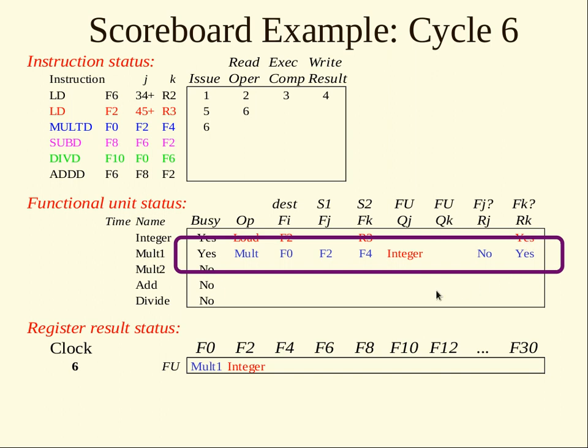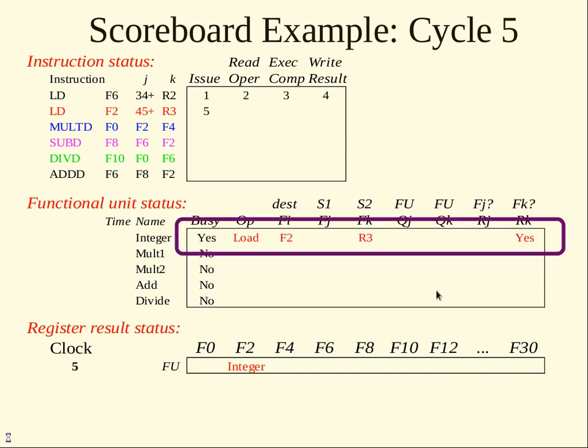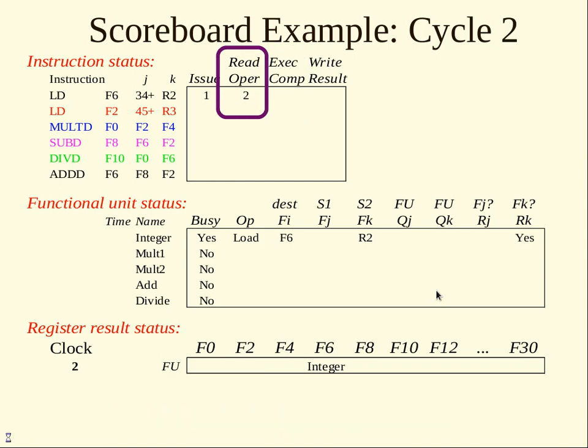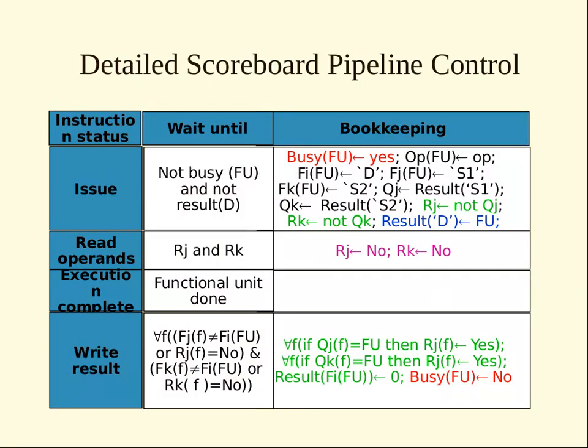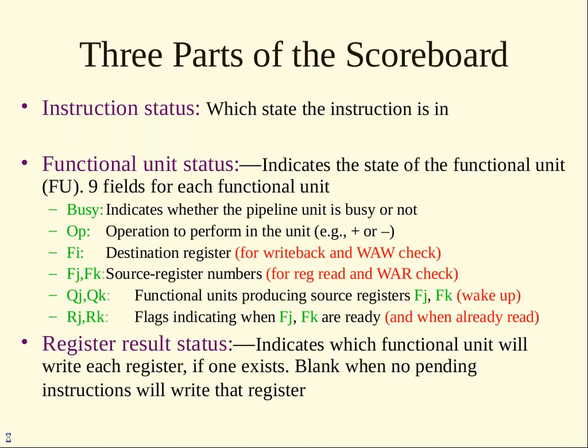Why are we waiting on the integer unit? So FU, wow, that was terrible. Functional unit. Oh my goodness. All right. Where was it? I need to write these up and print them for you. Source register numbers for the register read. And remember, this is a write after read check.